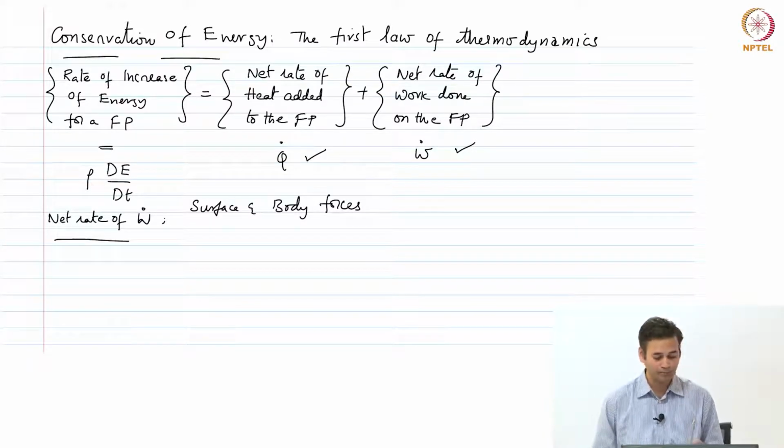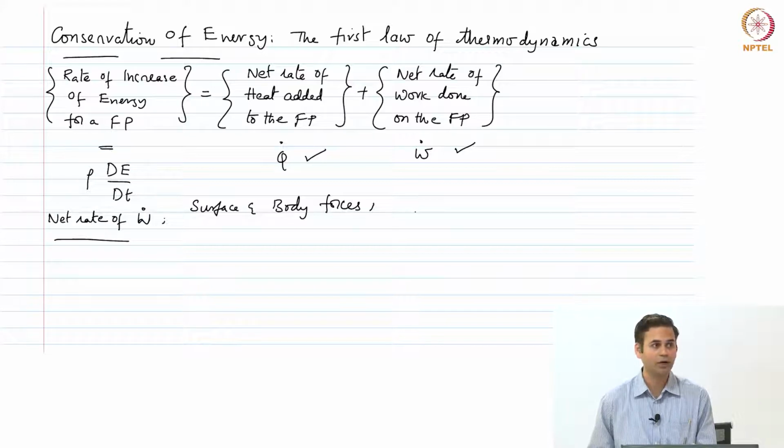Essentially I am not going to redraw the picture that we have drawn in the last class. We have noted that for a fluid particle or a fluid element, we have several forces acting on it. If I consider the forces acting in the x direction, the rate of work done is nothing but the force acting on the fluid particle multiplied by the velocity in the direction of the force.